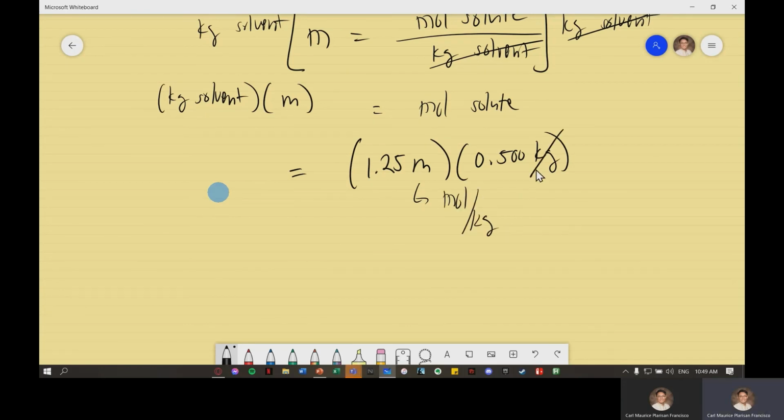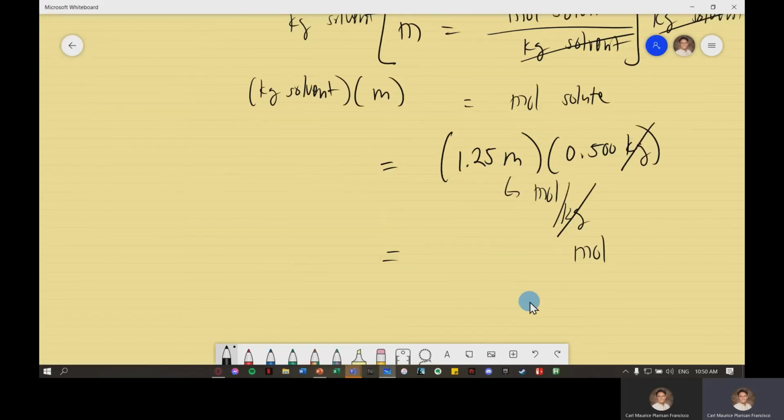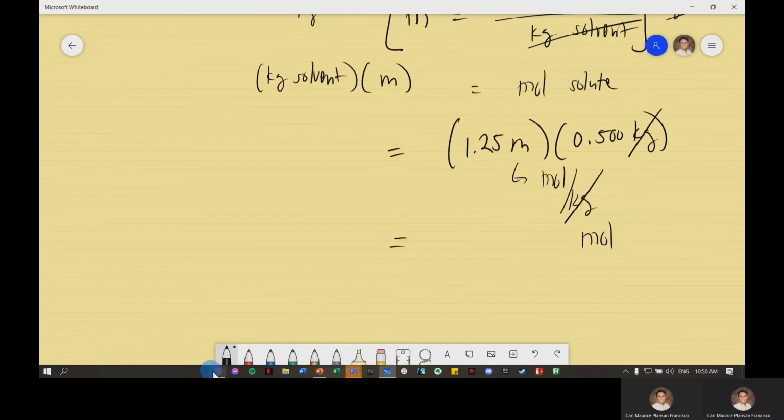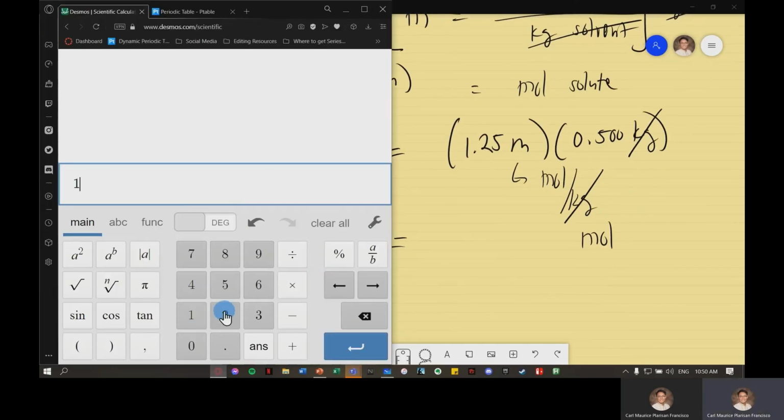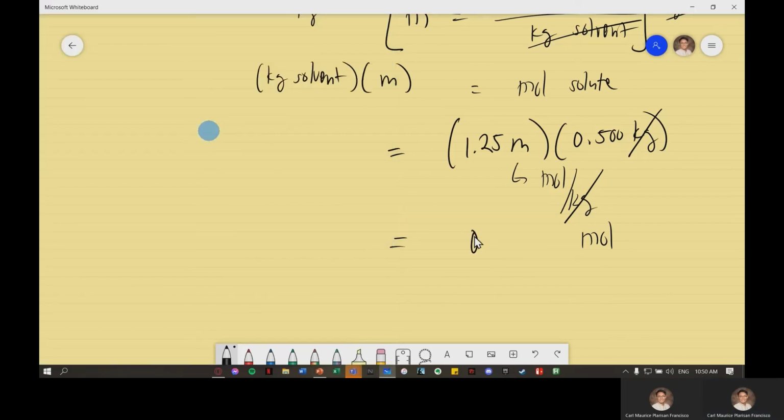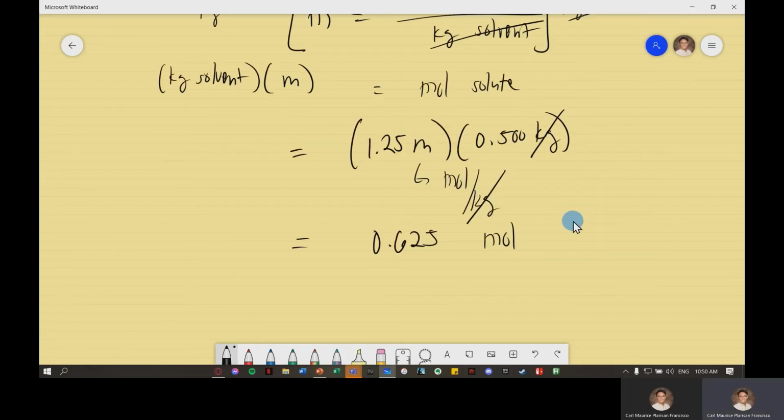That is why kilogram can be cancelled and the remaining unit is mole, moles of solute. So input this in the calculator: 1.25 times 0.500, 0.625. Okay, 0.625 mole of NaCl.